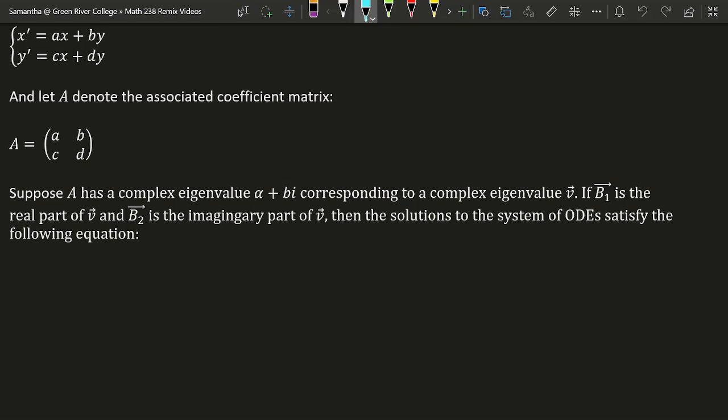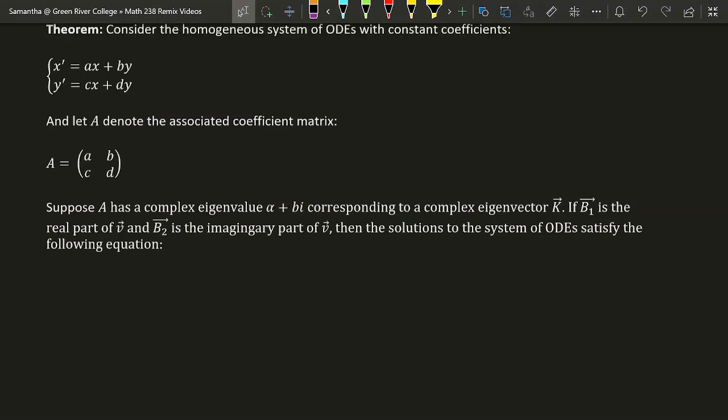Not real, but something of the form a plus bi, and its conjugate a minus bi. We found yesterday that if you have complex eigenvalues, they come in conjugate pairs, and so do the eigenvectors. You really can focus just on a single eigenvalue and a single eigenvector. I will call that eigenvalue alpha plus bi, and I will call that eigenvector k.